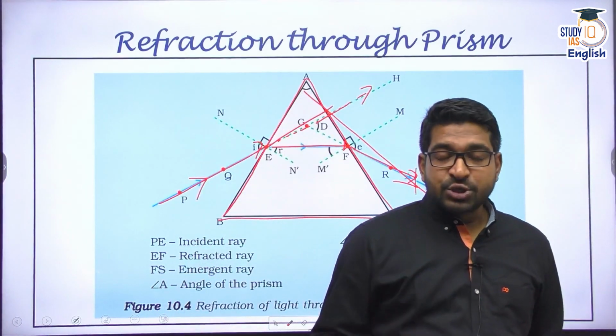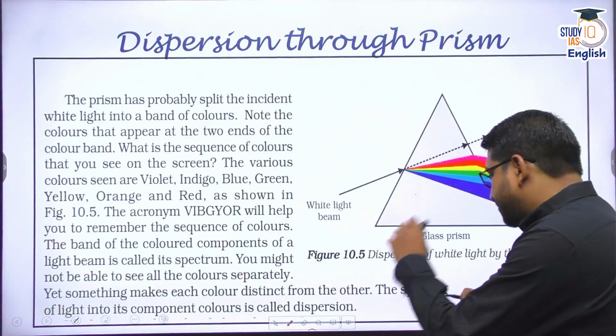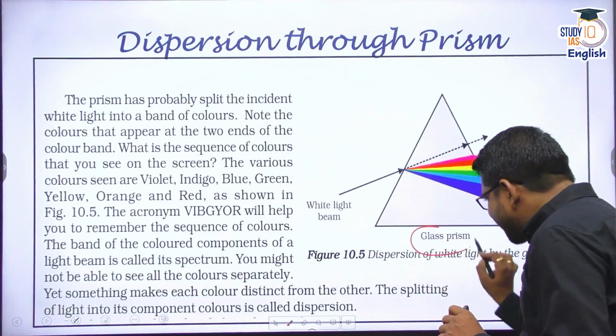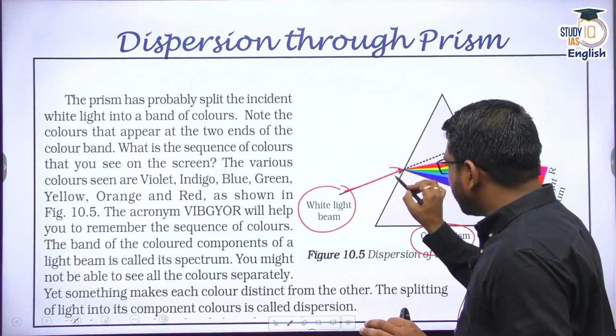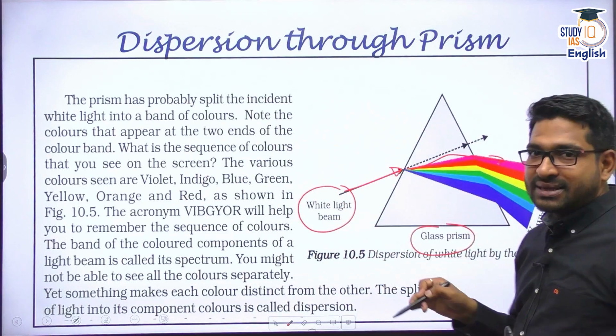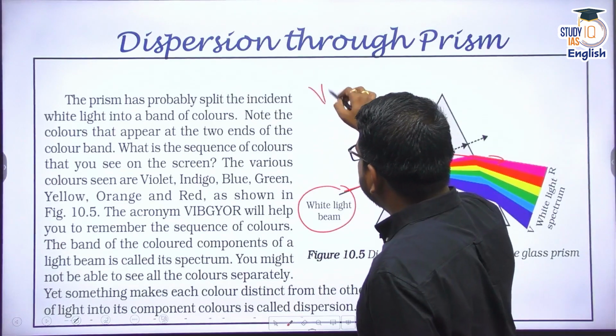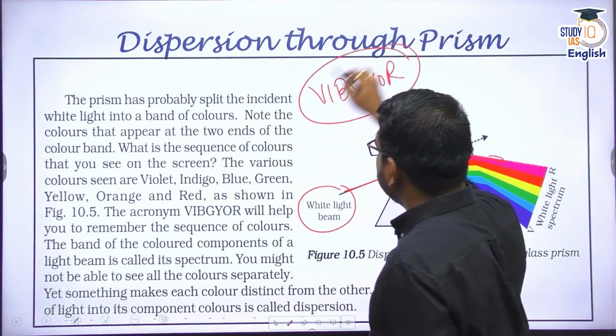But if we pass sunlight or white light through a glass prism, we will see that a beam of white light, when it is incident on a prism, will break into its constituent colors. We can remember them by the acronym VIBGYOR.